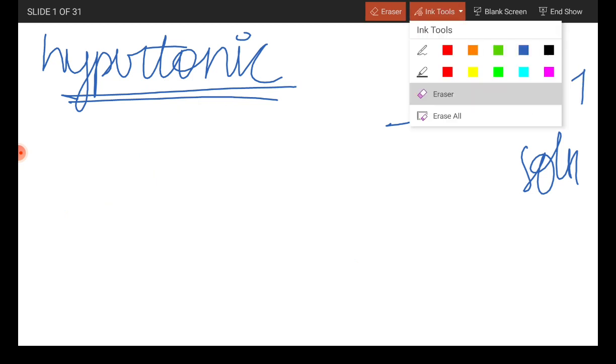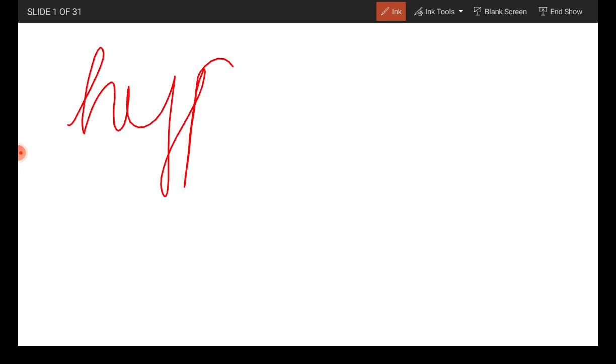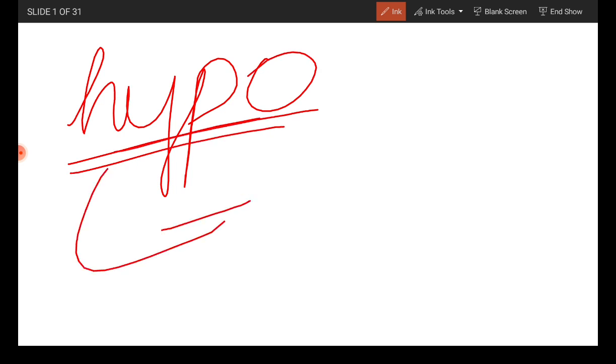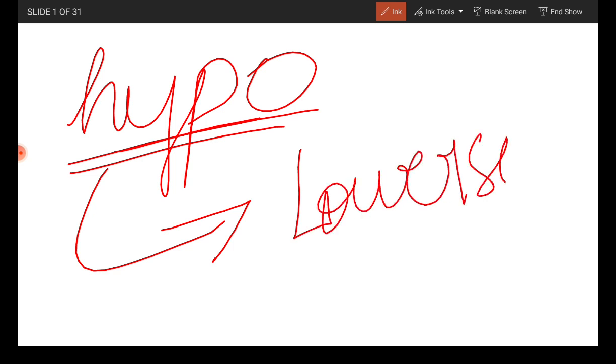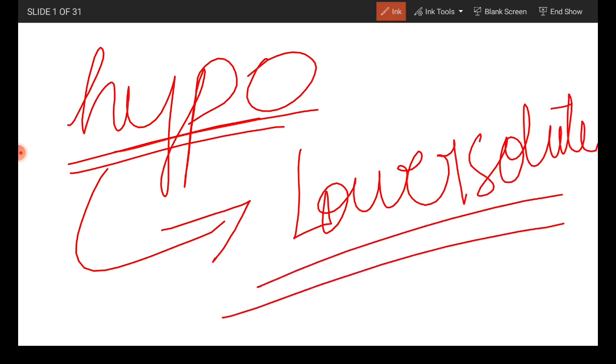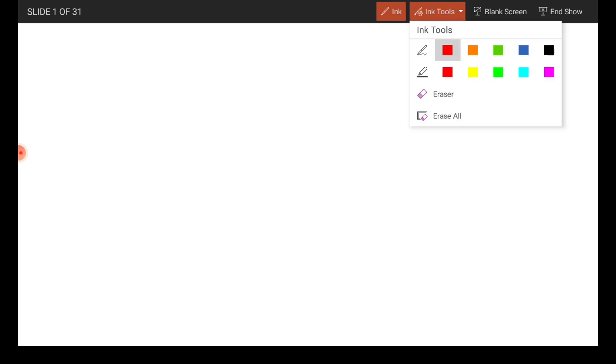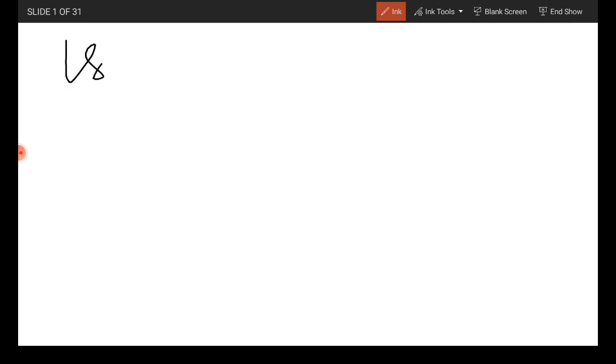Now we will see what a hypotonic solution is. It is exactly the opposite. A hypotonic solution is a solution that has lower solute content. Then, what is an isotonic solution?